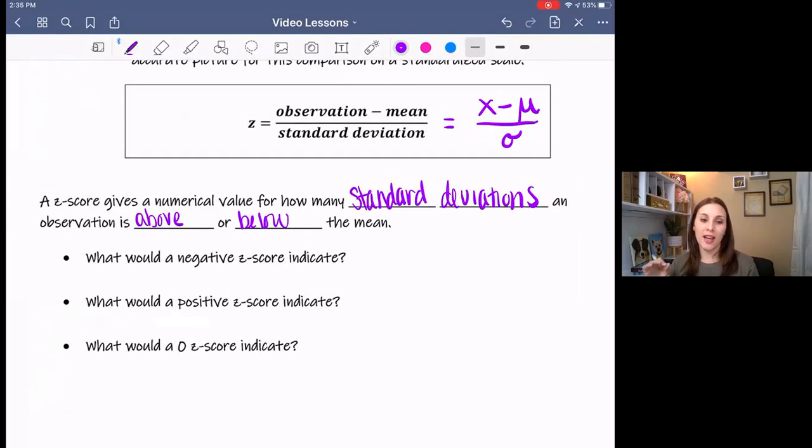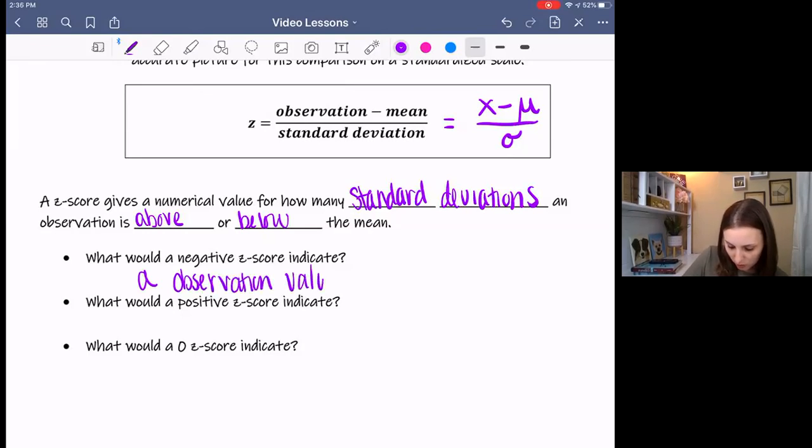So if you were given a negative z-score, and the z-score indicates how many standard deviations a value is above or below, a negative score would indicate what? An observation value below the mean.